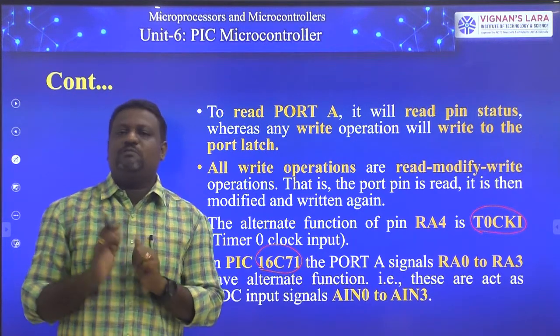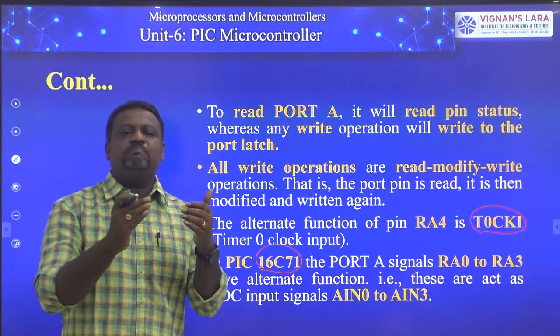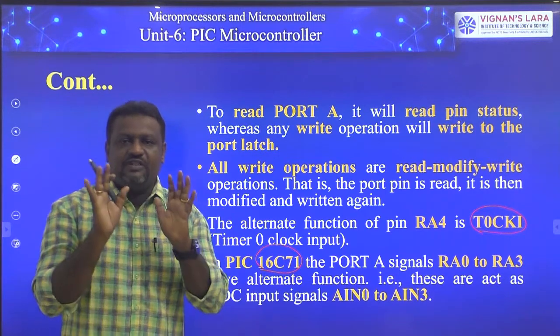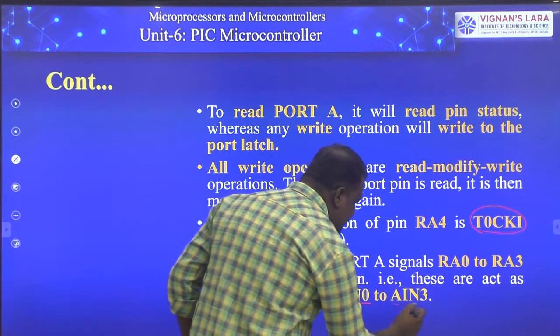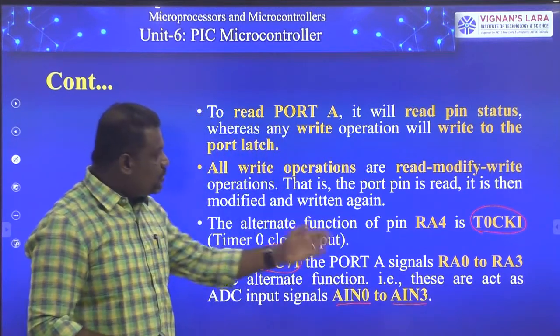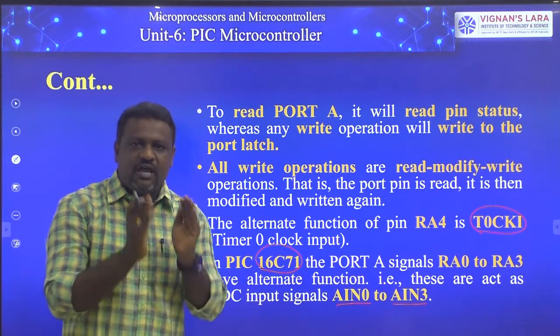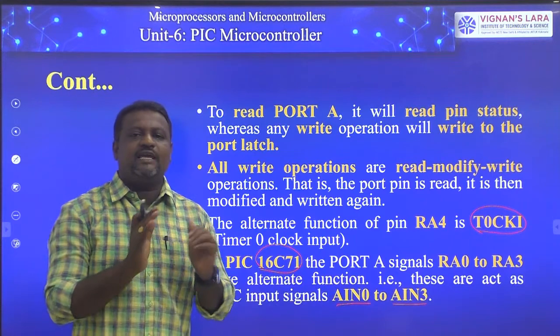After conversion, it produces 8-bit digital data. So the PIC16C71 collects analog signals from the external world with the help of signals AIN0 to AIN3. So port A signals RA0 to RA3 have the alternate function AIN0 to AIN3 in PIC16C71.